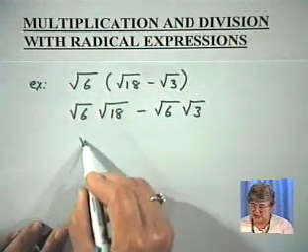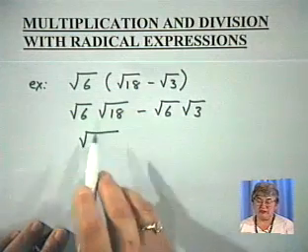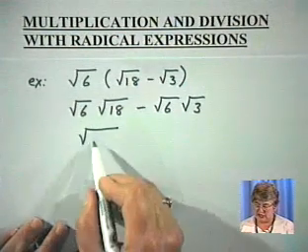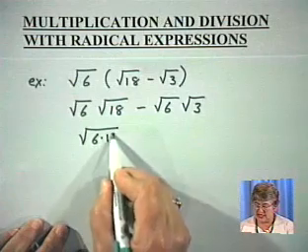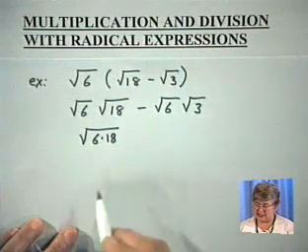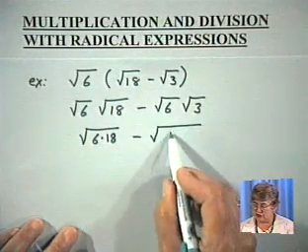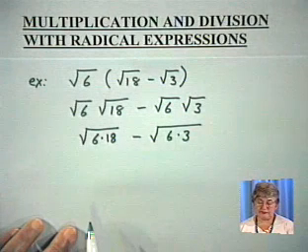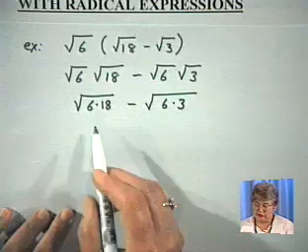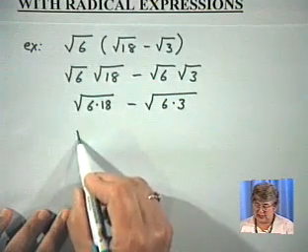But now, since we're multiplying two radicals, we have a property which says that if the radicals are real numbers, we can say it's the square root of 6 times 18 minus the square root of 6 times 3.